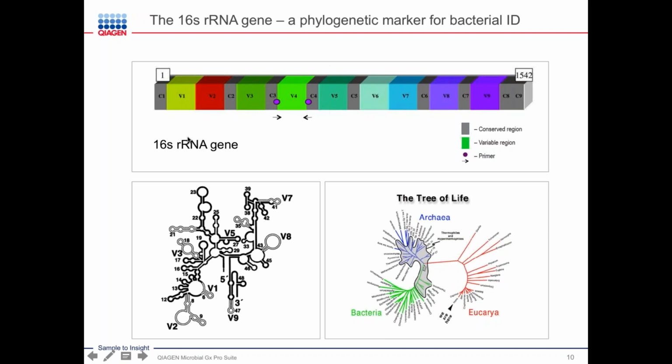So what typically is done is a PCR will capture hypervariable regions in the 16S rRNA gene where the primers bind to highly conserved regions. The variable regions then serve essentially as a passport for individual taxa which allow their identification.